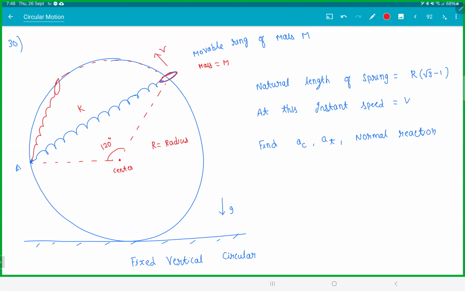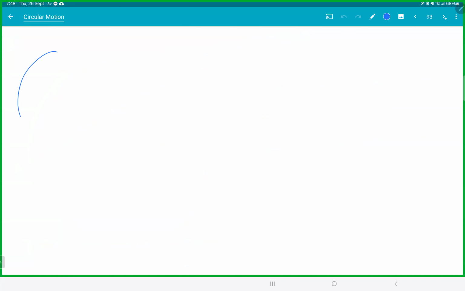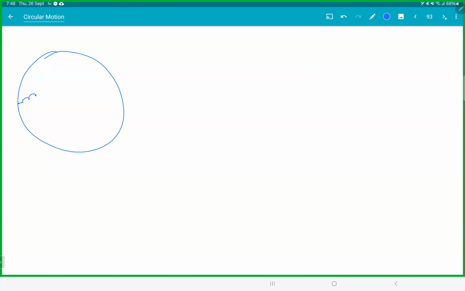Let's see. What is the elongation in the spring? So if you look at that spring there, it's a little geometry. It's an isosceles triangle. This is R. This is R. So if you drop a perpendicular, this angle is 60 degrees and this is 60.